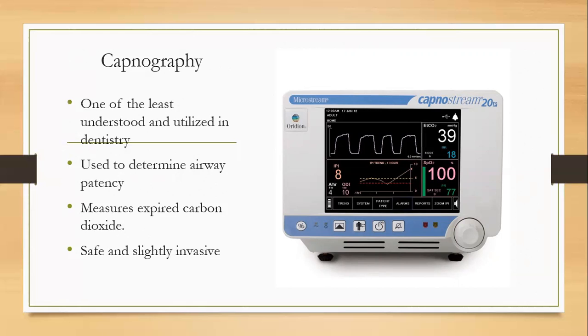So a tube is placed in the patient's nose, which makes it a little uncomfortable, and that sucks air and supplies it to the chamber within the capnograph, where the volume of carbon dioxide in that sucked air is compared to a similar standardized volume within the machine, and that determines if the person is in a state of excess carbon dioxide, normal carbon dioxide, or too little carbon dioxide for the volume of compared air. And that basically measures how patent the airway is, how reliable gas exchange is during a state of sedation.